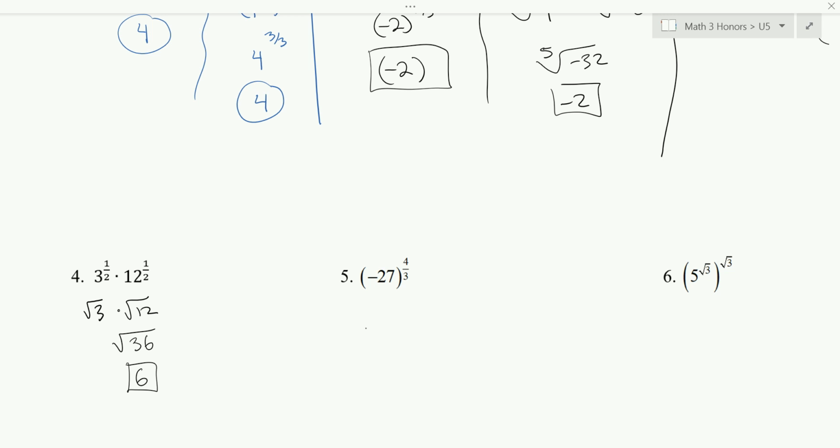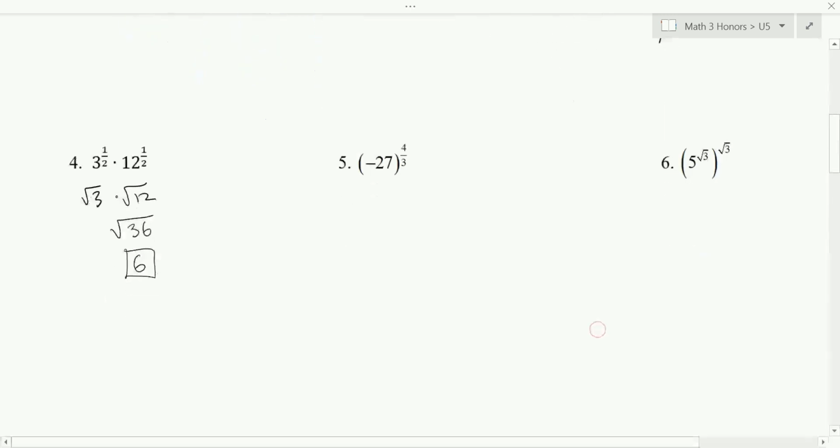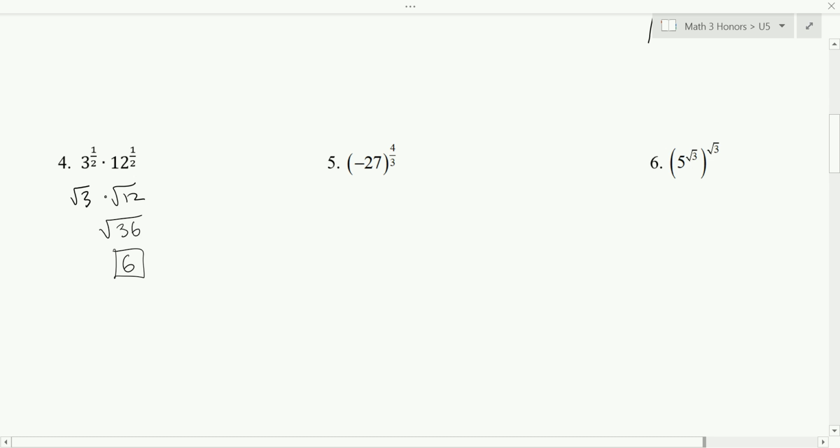Diego, did you get an answer? Yeah, almost. What are you trying? Cube root of, so you're going 27 times 24 of them?